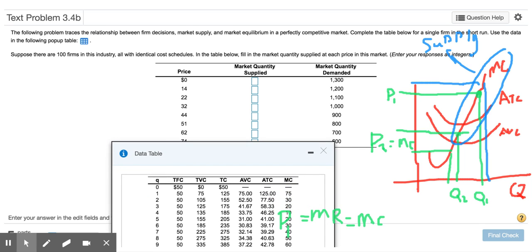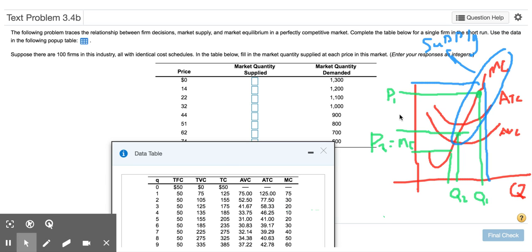Again, our goal is, first of all, to look for the point where marginal revenue, or the price, because the price is equal to marginal revenue in a perfectly competitive market, is equal to marginal cost, and then check whether that price is above or below average total cost, whether it's above or below average variable cost, and then determine the quantity from this table.